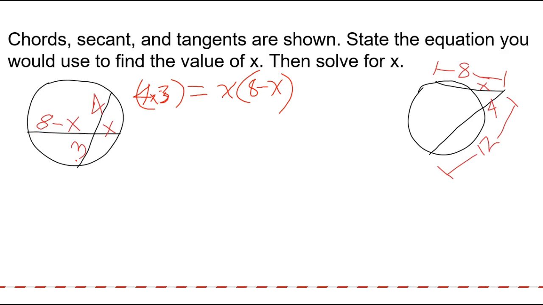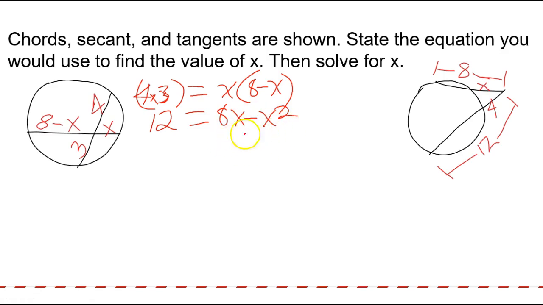Okay, so multiply 4 times 3, which is 12. And then here, 8 and x are not the same term, so you distribute. So x times 8 is 8x minus x squared. Look what we get. We have a quadratic there.